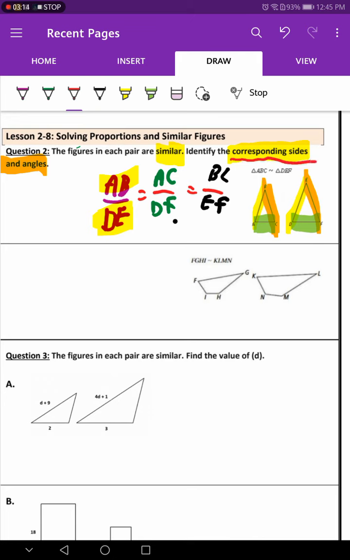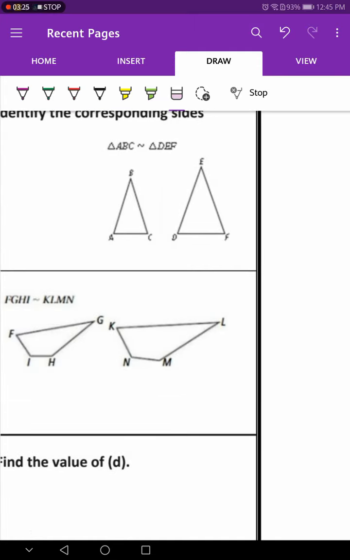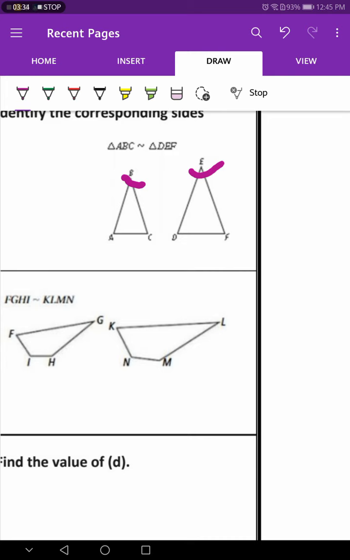But don't forget to write the corresponding angles. How, teacher? Is it hard? No, it's not hard. See, my boy. So this angle B corresponds with this one. How can I write it?